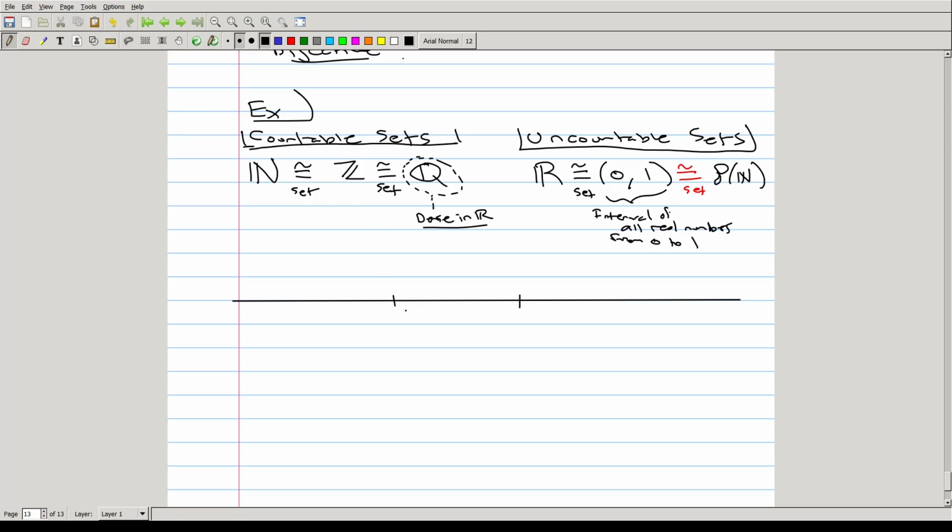But the idea here is that if we take the real number line, around or surrounding any real number, say the square root of 2, which is a real number and we proved that it's not rational, we can get as close as we want to the square root of 2.